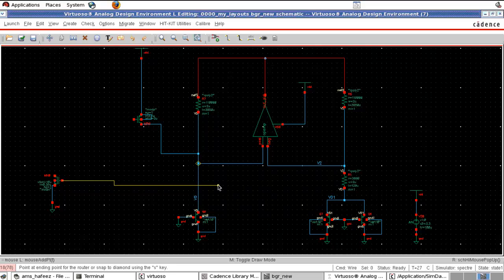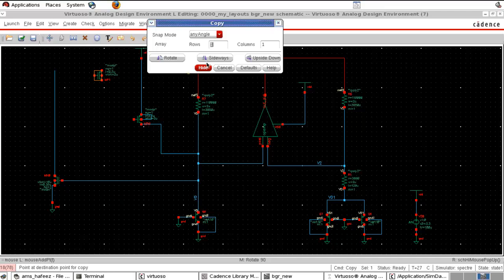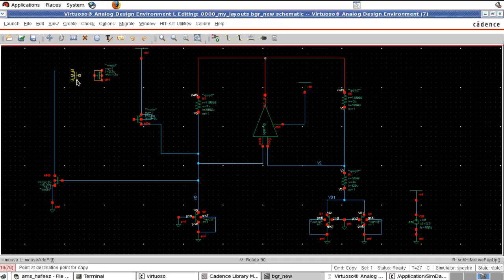So we connect this gate to here, and we said we need a current mirror here. I copied the same MOSFET.